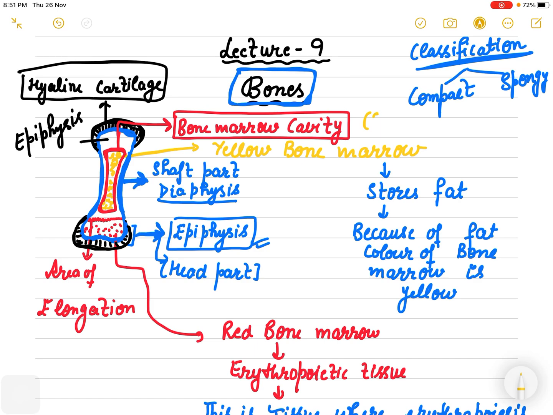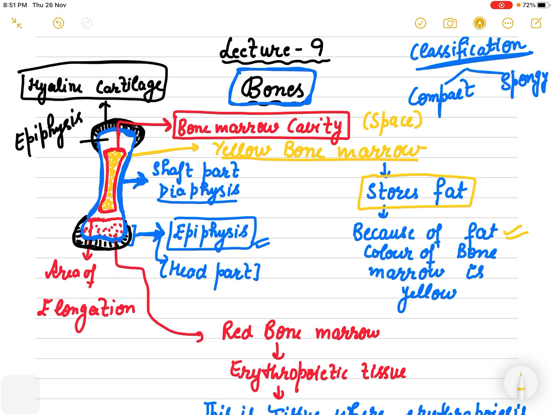A cavity is a space. So inside this cavity, there is the yellow colored bone marrow, right? Why is it yellow in color? Actually this bone marrow stores fat. Because of fat, the color of the bone marrow is yellow.